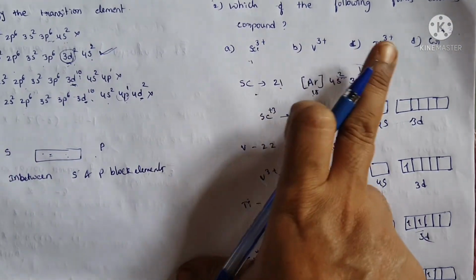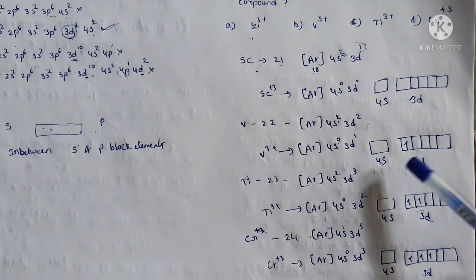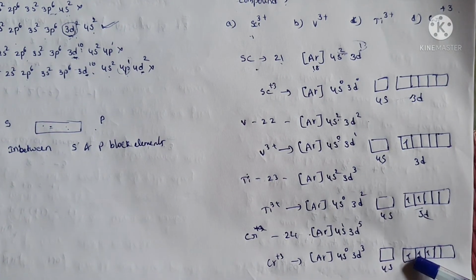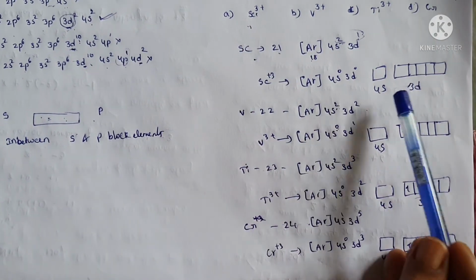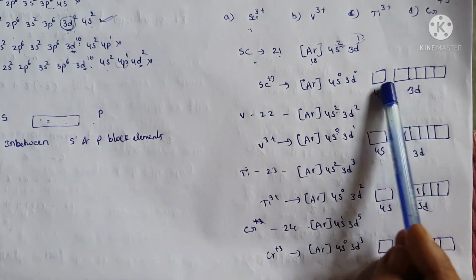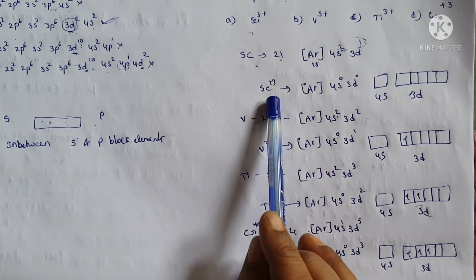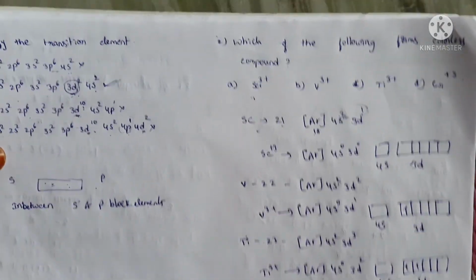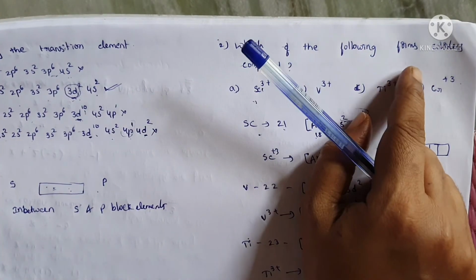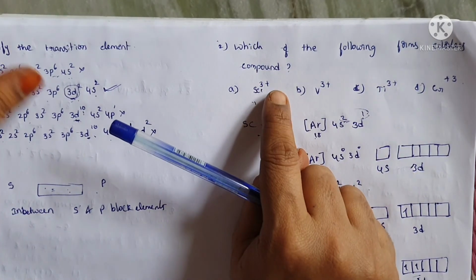For these three, vanadium, titanium and chromium, there are single electrons present in their outermost shell, whereas in scandium plus 3 there are no unpaired electrons. So this is a colorless compound. What is the question? Which of the following forms colorless compound?